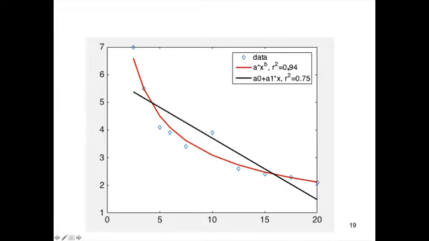And it fits much better. The way we measure it is the so-called R squared that I can compute. The R squared fit here for the line is 0.75, which is not very good. Below 0.8 is typically not a very good fit, and something closer to 0.9 is always better. And the power law fit is 0.9, and that's pretty good.